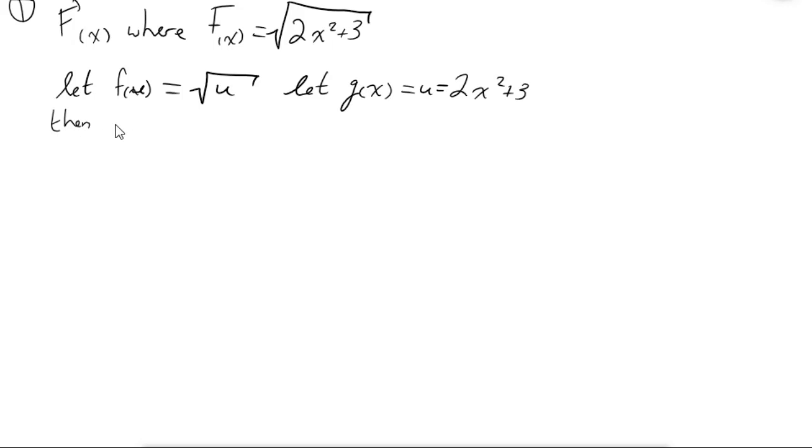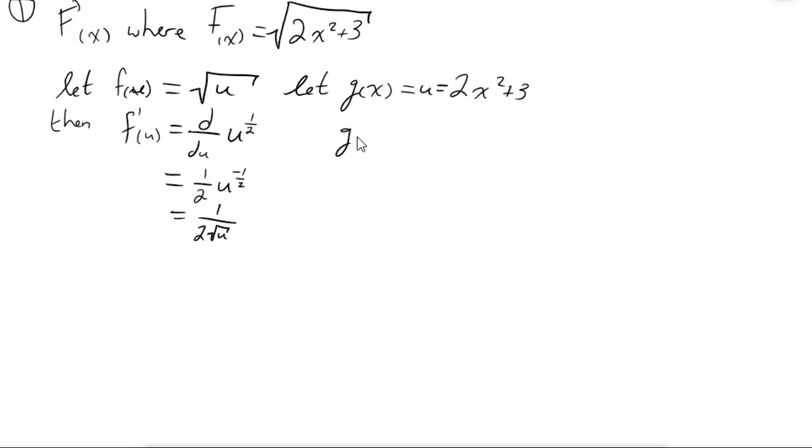If we do that, then the derivative of f of u is equal to the derivative with respect to u of u to the power of 1/2, which is the same as 1/2 u to the negative 1/2, or 1 over 2 times the square root of u.